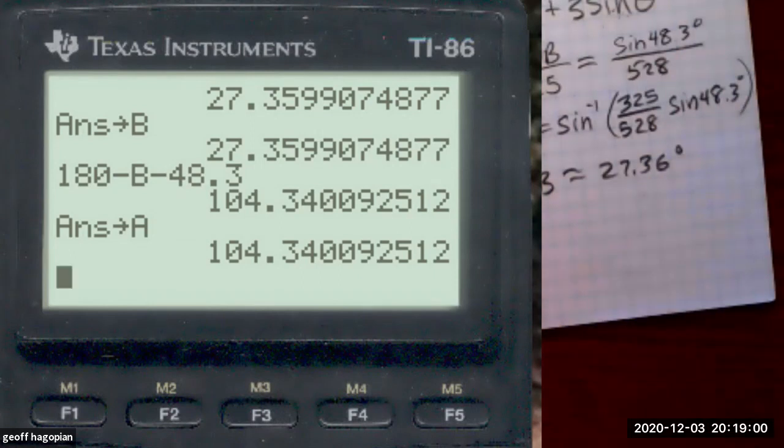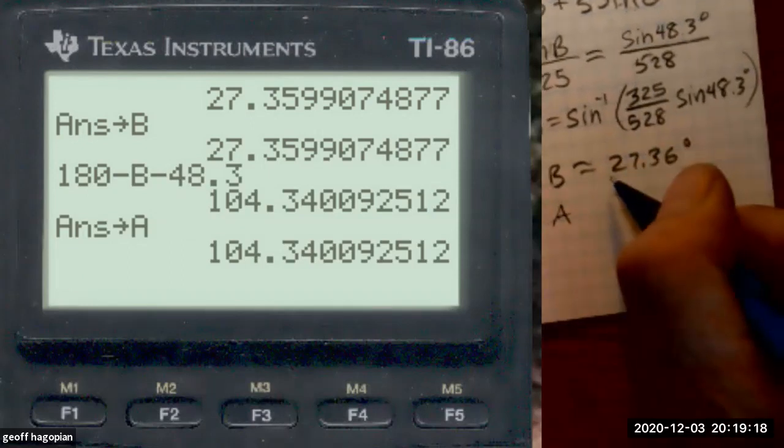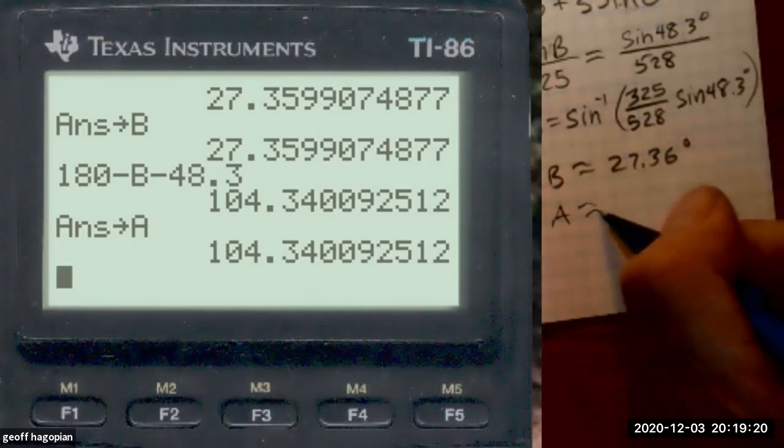I guess so, huh? It's an obtuse angle, does it? Doesn't look like an obtuse angle, huh? But that's not to scale. So the diagram is misleading, right? So in fact, A is going to be approximately 104.34 degrees.